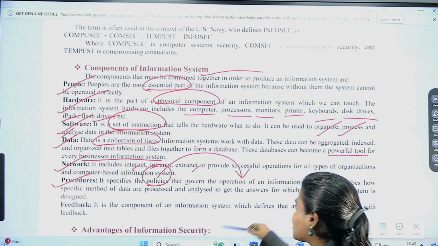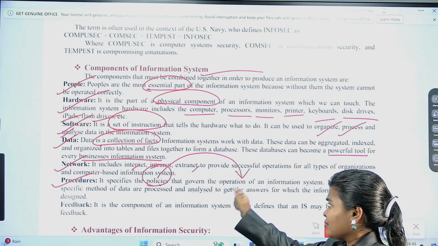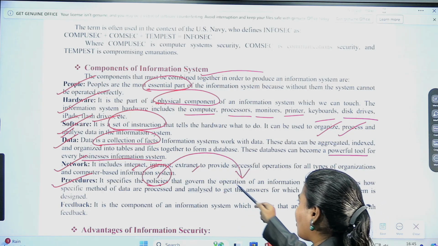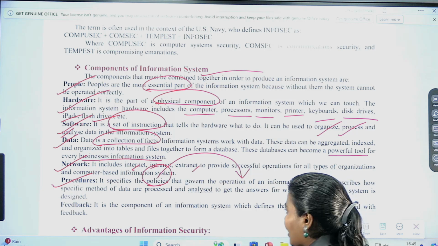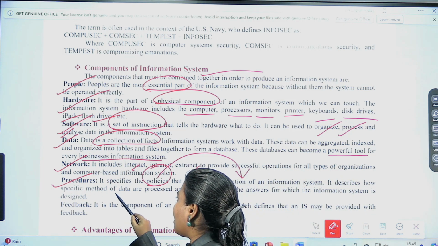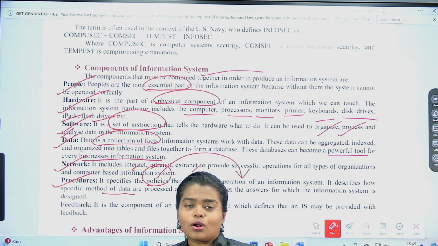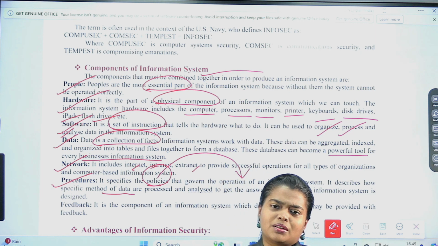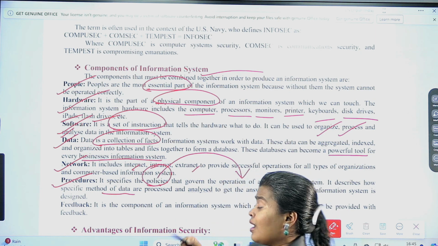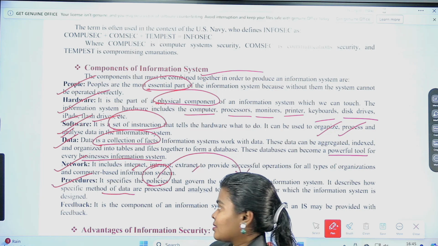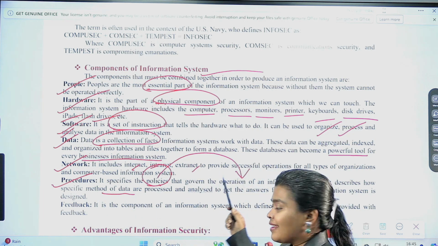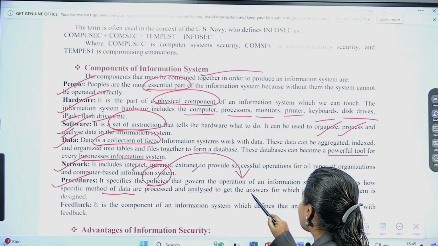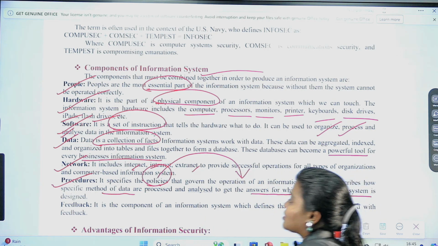These policies govern or control the operation of an information system, which is very much needed. It describes how specific methods of data are processed. Policies are nothing but rules, and those rules specify how data should be processed and analyzed to get the answers for which the information system is designed.